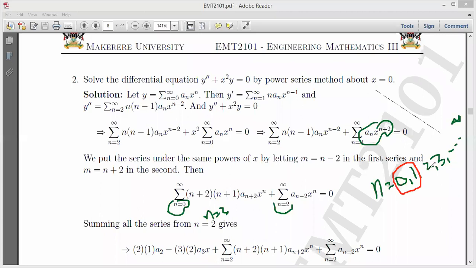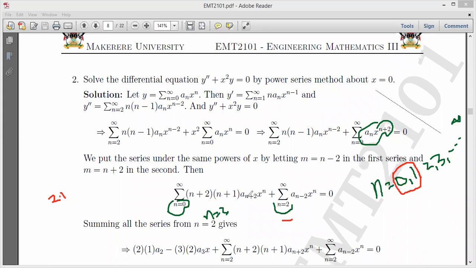By leaving it to run from 2, it will now be similar to this one here, if this one is allowed to run from 2. So what would it give us? In here, where we have n, when we throw in a 0, this will be a 0 here. It will give us a2. N is 0, this is times 1. N is 0 here.